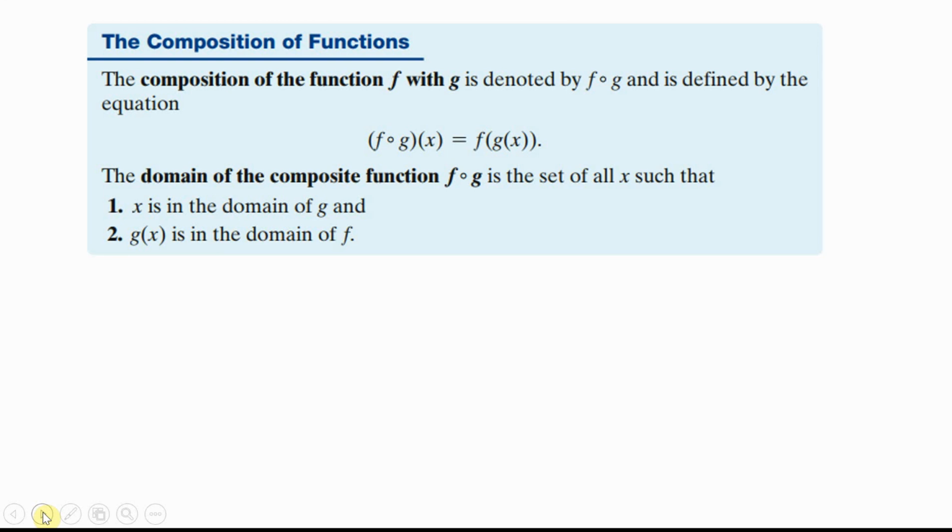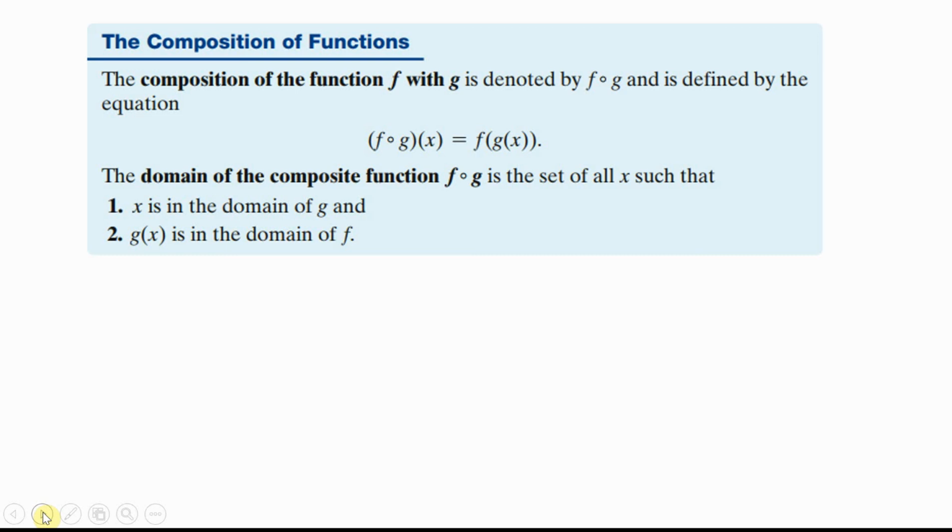So the composition of functions, the composition of a function f and g. That's what I was telling you in the beginning, how we have a function within a function. So that's all this means. So f composed with g.